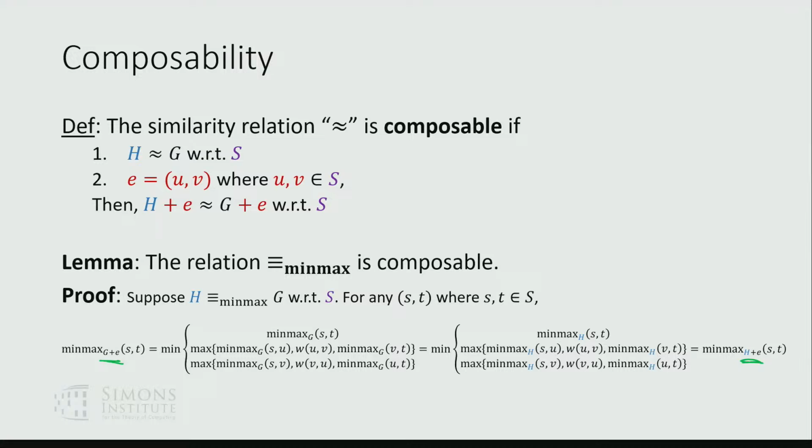So that's why H plus e is equivalent to G plus e with respect to S. So it's composable. Okay, so many natural similarity or approximation relations are composable. Distance is composable as well. But for today, we look at min-max equivalence.